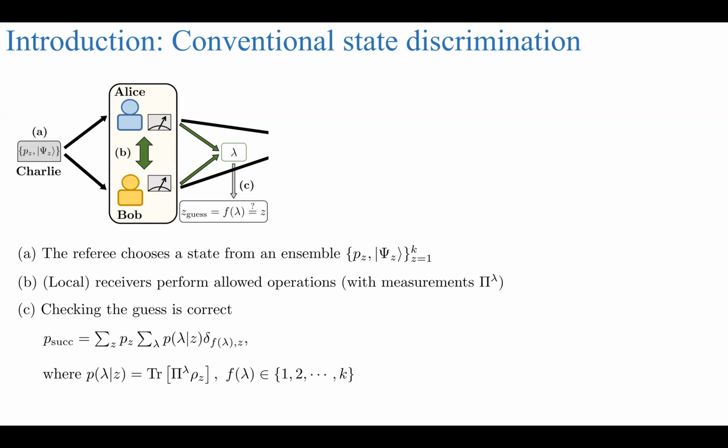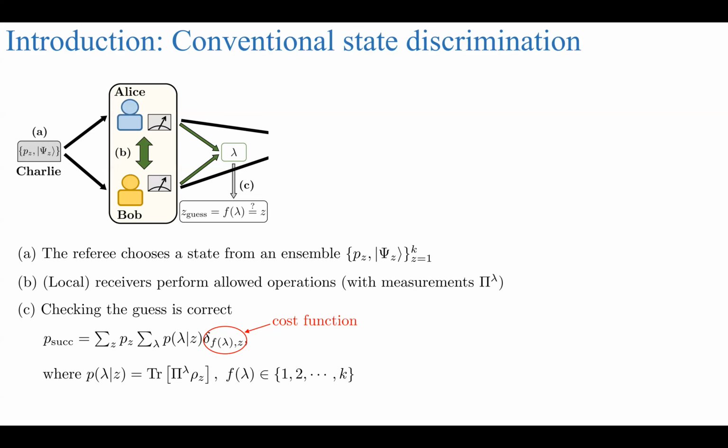This is the conventional state discrimination setup, and the success probability can be written in this form. p_z, as I said, is the probability distribution over the states, and p(lambda | z) is the probability of a measurement outcome lambda for a given state rho_z. The important part is that the cost function is a delta function.